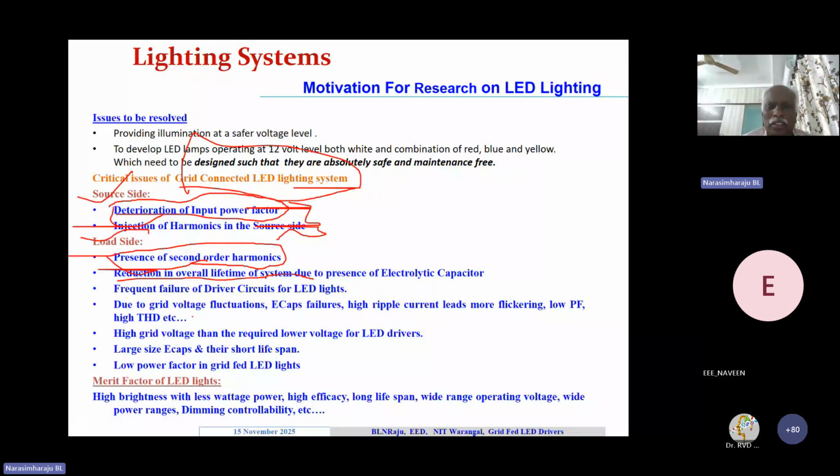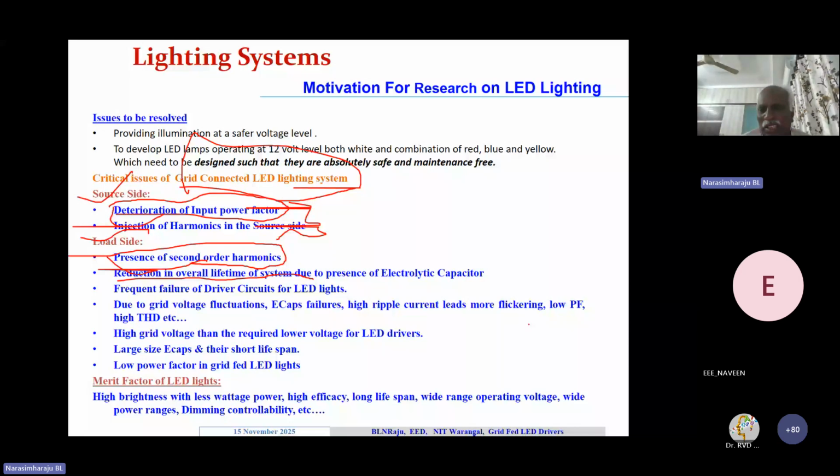So even the fluctuations in the grid voltage lead to high ripple current and more flickering effect, and due to that, frequent failure of the capacitors and other devices, diodes and so on. So these are the most frequent issues because of the fluctuations.